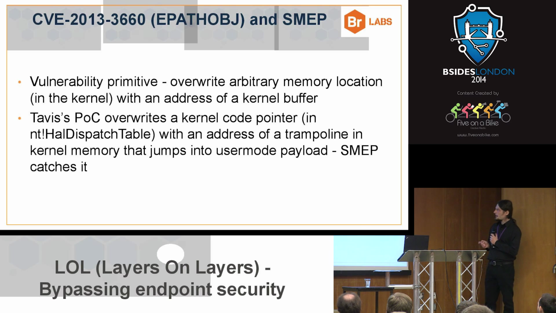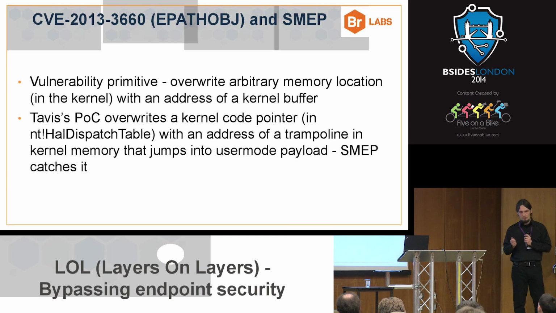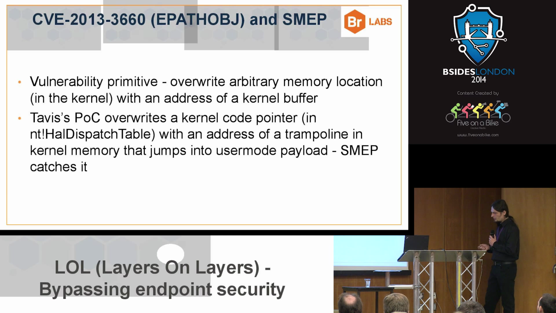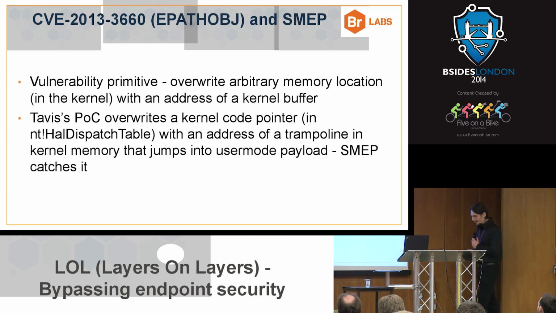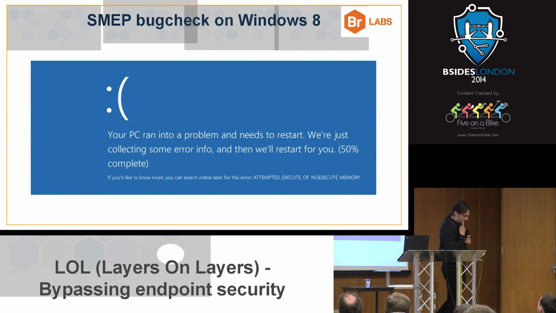It overwrites a kernel code pointer: a location in kernel memory that stores a pointer to code, and it overwrites it with the address of the user mode shellcode, the code stored in the user mode pages. Because of this vulnerability, the state of the kernel is corrupted so that it jumps into this user mode payload. And if you run this exploit on Windows 8 on your CPU, you get this.